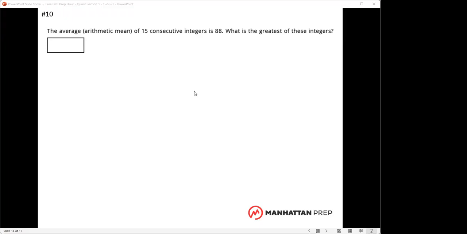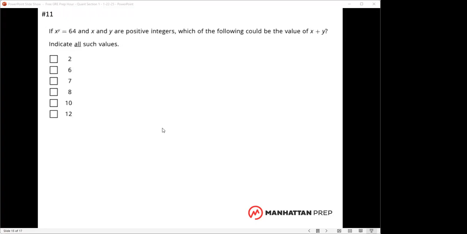Okay, so even if you didn't get an answer you're satisfied with, put a number down anyway, even if it's just a wild guess, just to get used to that. We're going to go to number 11. This one is a choose all that apply, which means it may have more than one answer. In fact, I'll tell you it does have more than one answer.